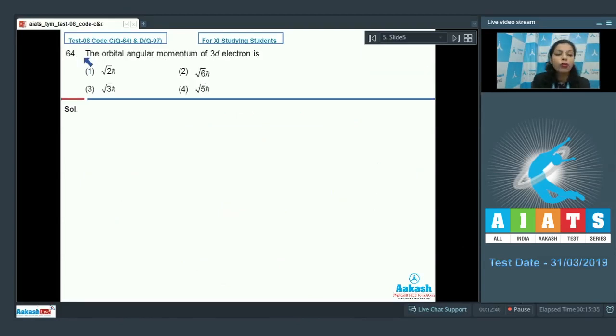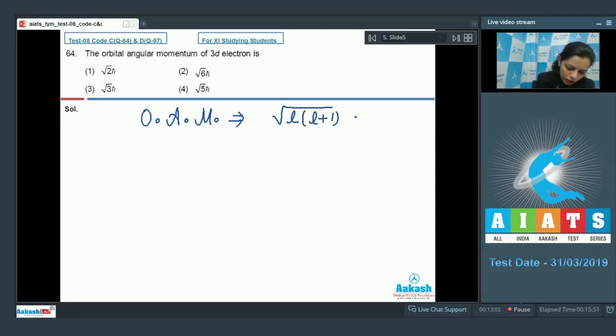Question number 64. The orbital angular momentum of 3D electron is. In this case, we should know orbital angular momentum. The formula that we use here is root L into (L plus 1) times H cross. Now we're talking about the 3D electron.